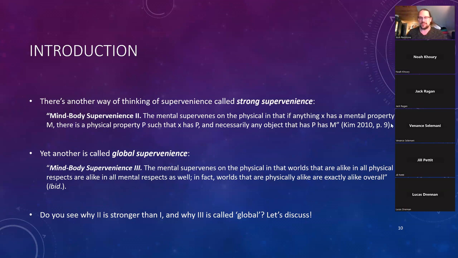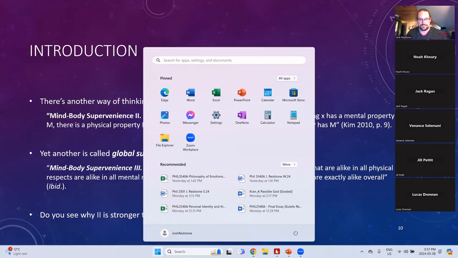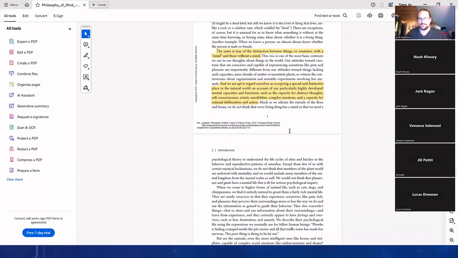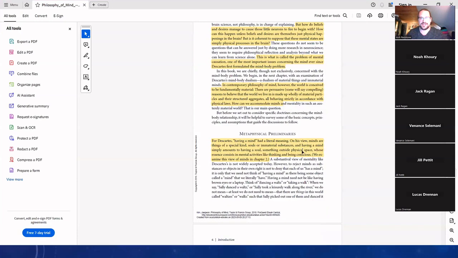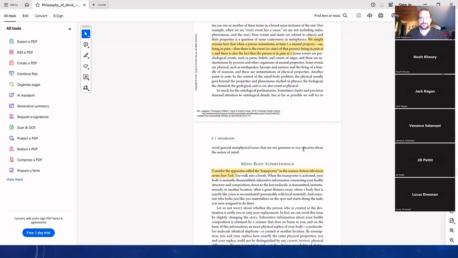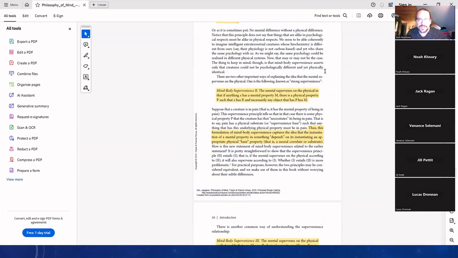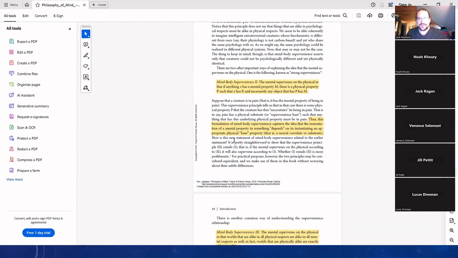And here we can actually go to the textbook. So page 9, and we'll see why Kim says that it is stronger. Page 9 here. Okay. Now it's stronger because strong supervenience logically entails the first supervenience formulation, right?